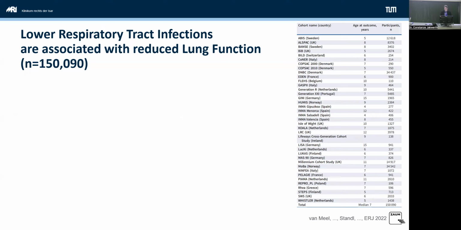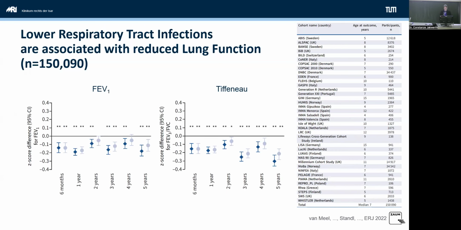And in this cohort, they looked at lower respiratory tract infections and their association with reduced lung function. You can see here that these children that in early life developed lower respiratory tract infections actually have a decreased lung function, in particular FEV1, and here you can also see the Tiffeneau index throughout the early years.